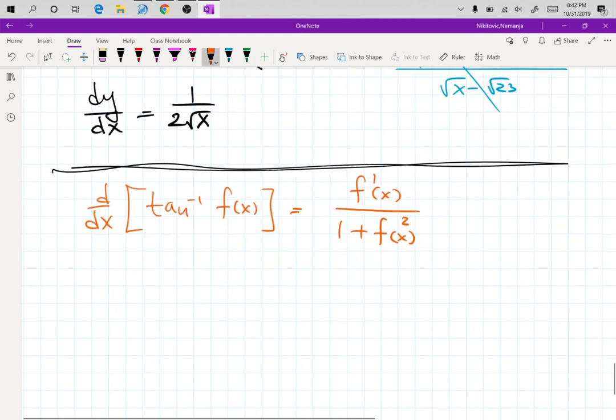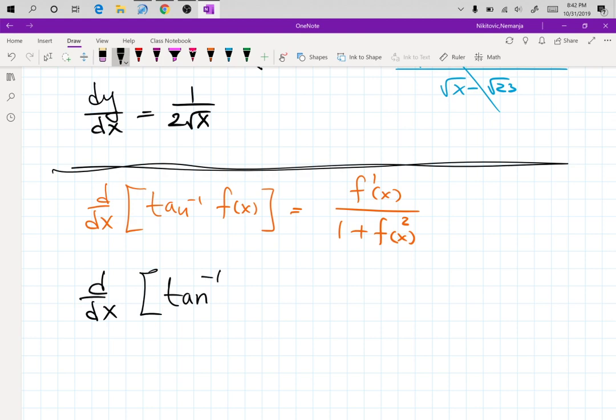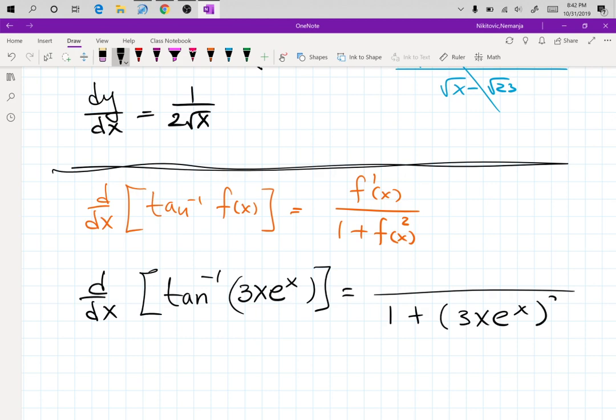So now, if you have an example to find the derivative and later maybe tangent line or whatever of inverse tangent of, let's say, 3xe to the x, just to make it worse, you would say 1 plus, and now you have your function, which is 3xe to the x. You will have to square that, because the f of x has to match the f of x. That's what f of x stands for, right? So it's the same f of x.